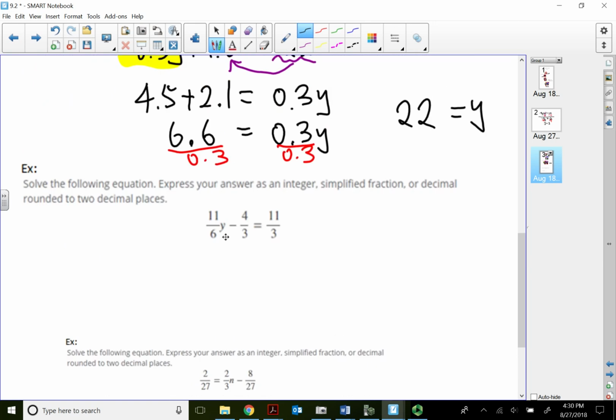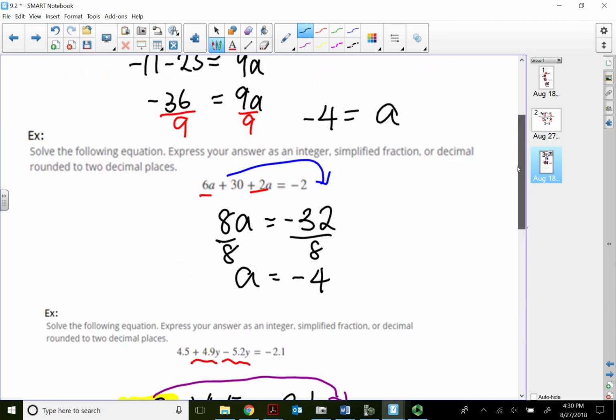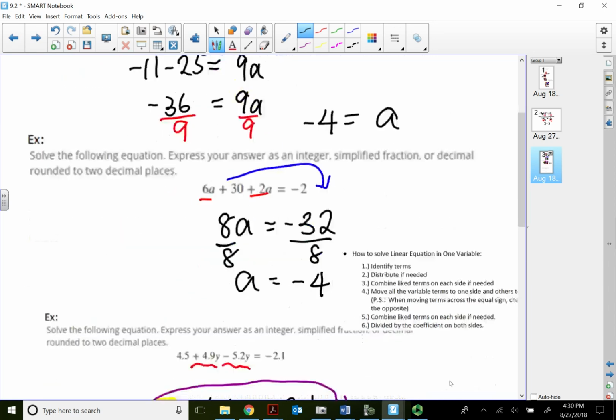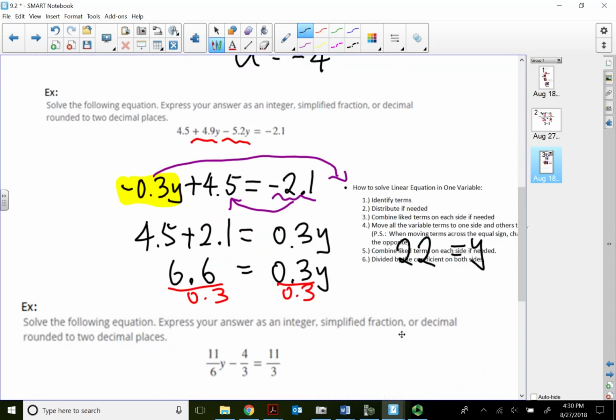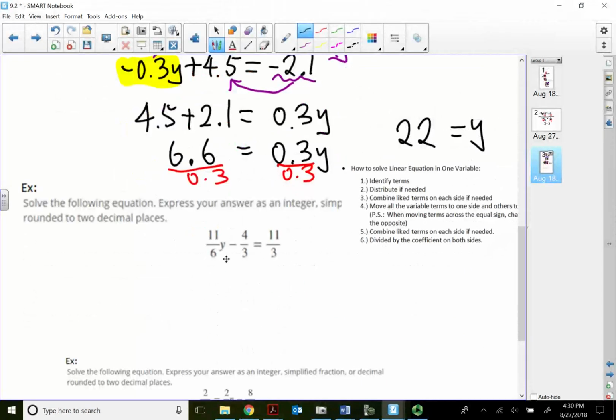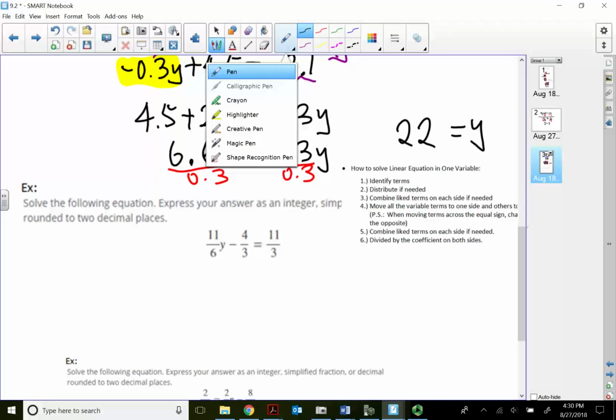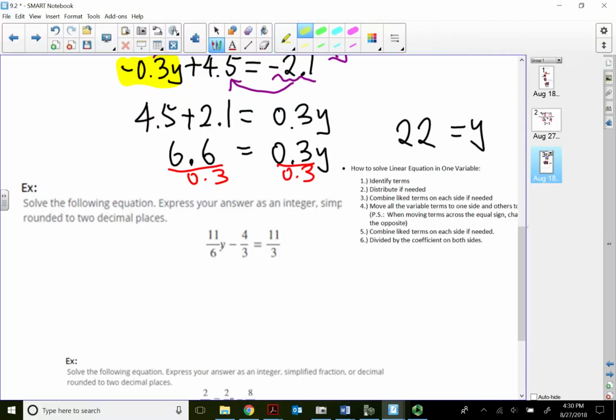All right, so real quick, three terms. None of the three terms has parentheses. So there's no distribution. Step number 3, there's actually no like term to combine on the left side. So let's do step number 4. Before you move anything, find your variable term.